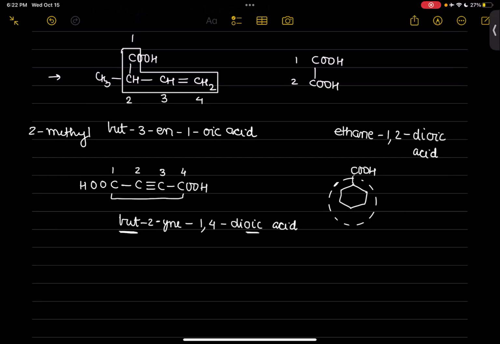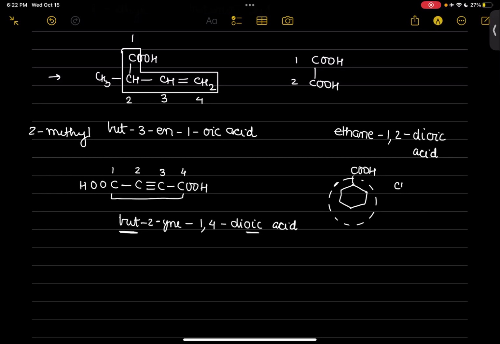Now, can we call it cycloheptanoic acid because it has 7 carbons? Somebody who reads cycloheptane might think there is a 7-member ring. But this is a 6-member ring. So cycloheptanoic acid is also incorrect, and if we call it cyclohexanoic acid, we are missing one carbon.